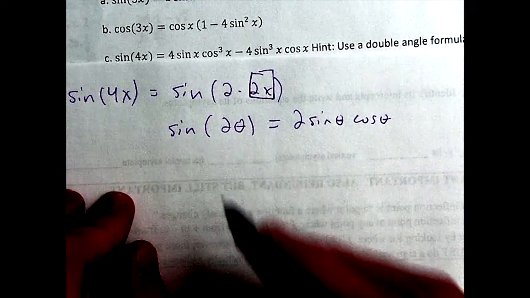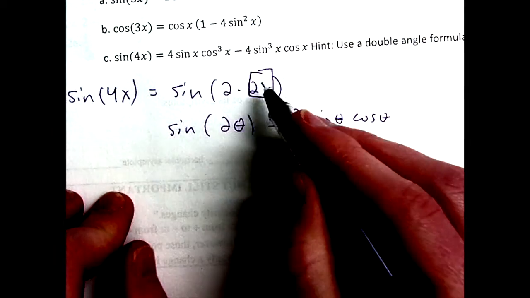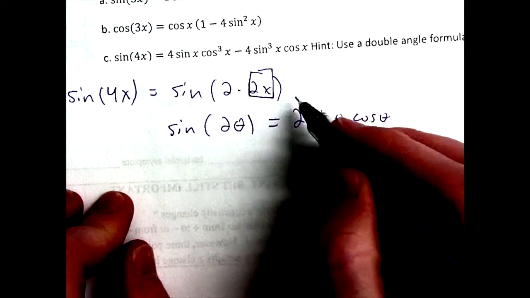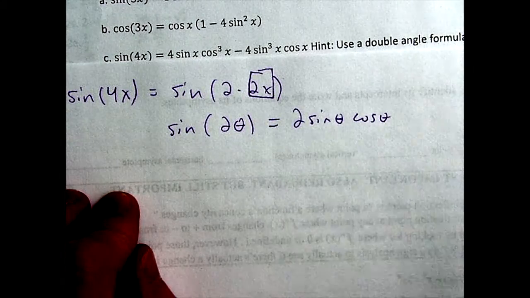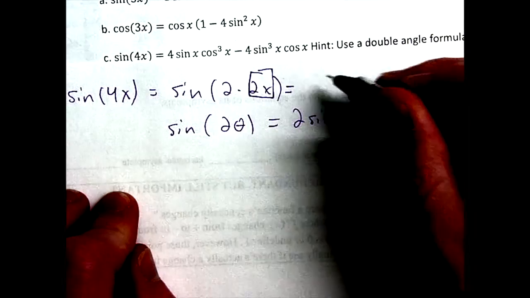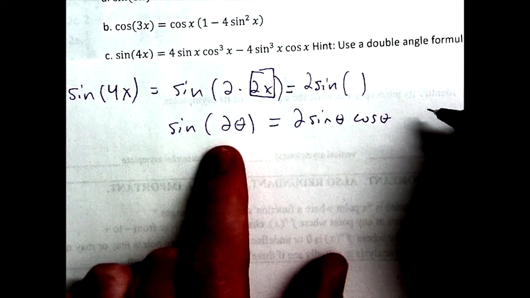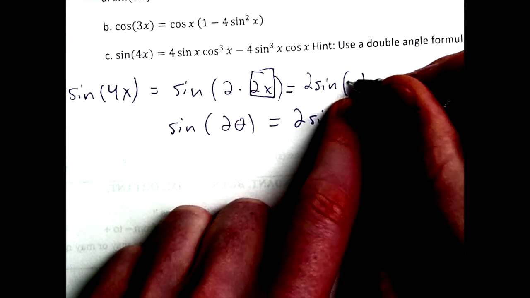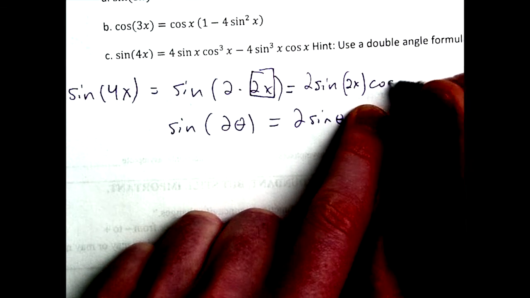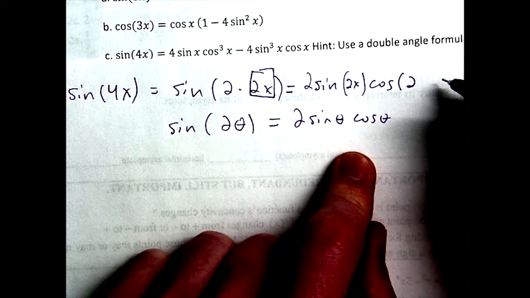And that's essentially what we have here, right? Sine of 2 times something. The something in this case is 2x. So what that will give me is 2 sine of, well, what is theta in this case? It's 2x. So that's 2 sine 2x times cosine of 2x.